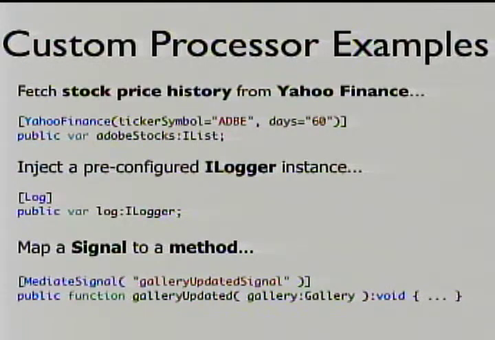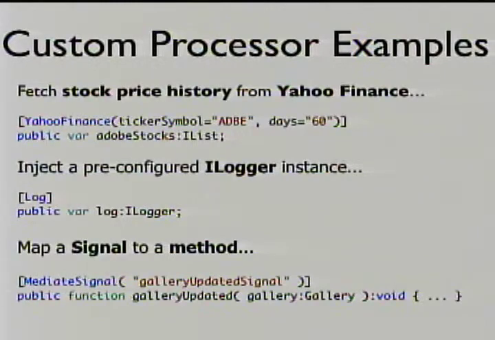So custom processor examples. This is the slide I was trying to wait to get to. You can see the first one. Someone created a metadata processor called Yahoo Finance, and you can pass it in a ticker symbol and then the number of days.